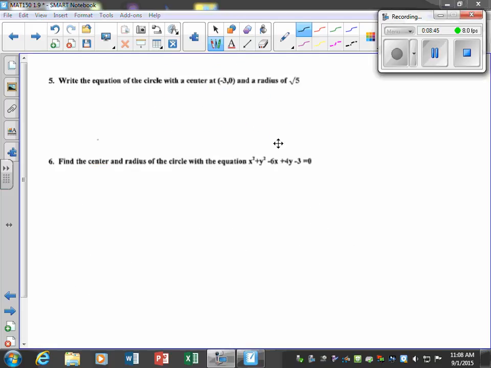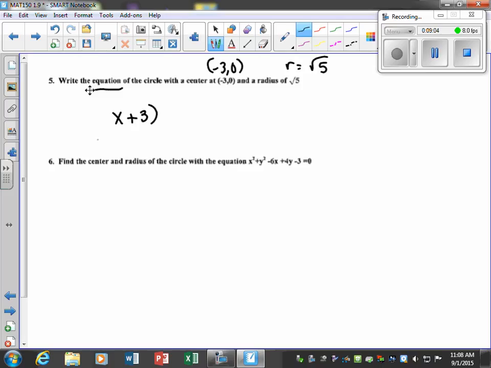Some more practice. Write the equation. This time we want the equation. Center is negative 3, 0. I'm just going to make these a little bit bigger. Radius is square root of 5. So we want to plug it into our equation. x plus 3 squared plus, well, I don't need a parenthesis because it's 0, which would be minus 0.